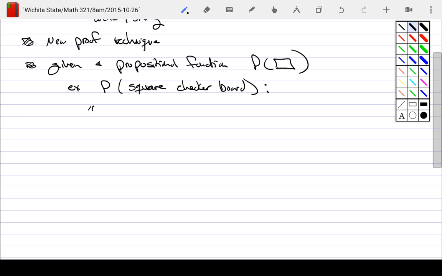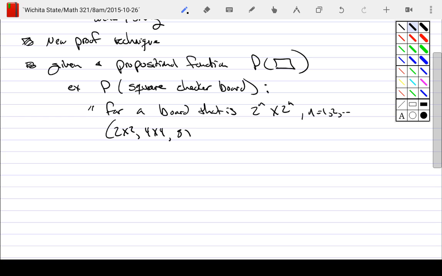This denotes that for a board that is 2 to the n by 2 to the n, where n is equal to 1, 2, etc. So what we're talking about is things like 2 by 2, 4 by 4, 8 by 8, 16 by 16.